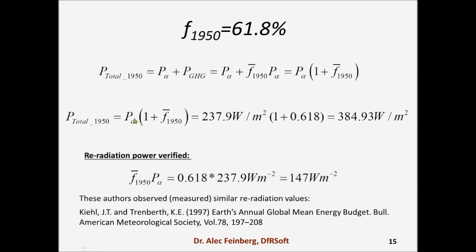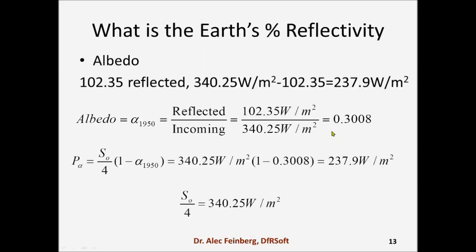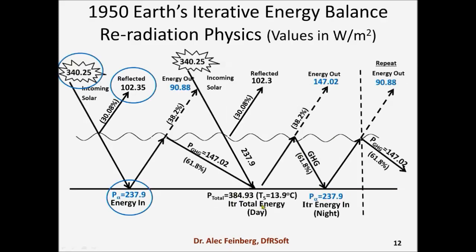And notice, just to show you that this works out, the P alpha was 240 times the 1 plus 0.618, which is our re-radiation value, F 1950, and that gives you your 385 into the planet, and that was this guy right here, which gave us a comfortable 14 degrees C in 1950 for the average temperature on the Earth.